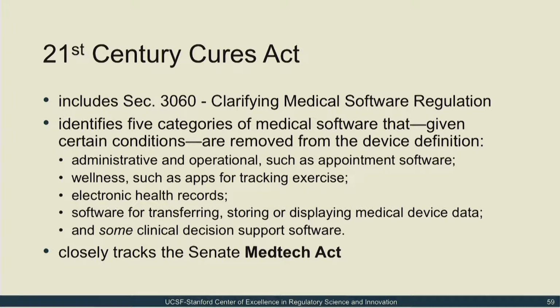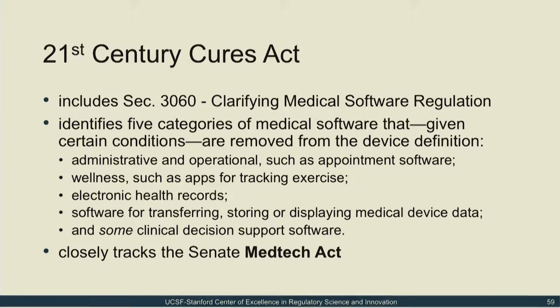Among the numerous provisions of the Cures Act, the one of highest interest to us in this course is Section 3060, Clarifying Medical Software Regulation. This section modifies the definition of a medical device to remove a number of categories of software from FDA's jurisdiction.